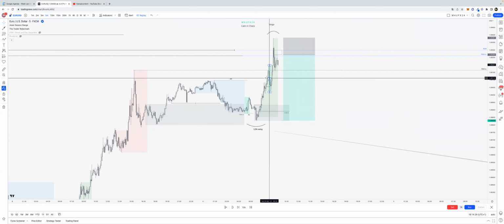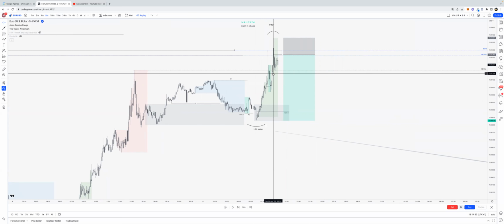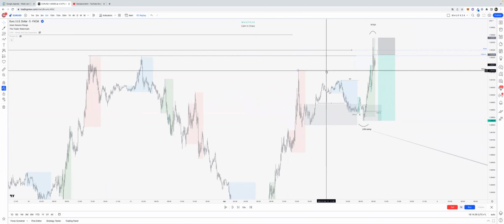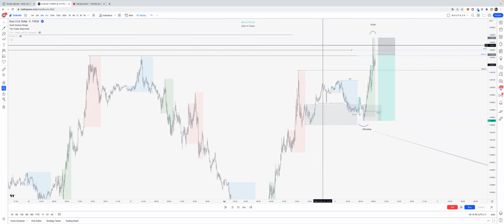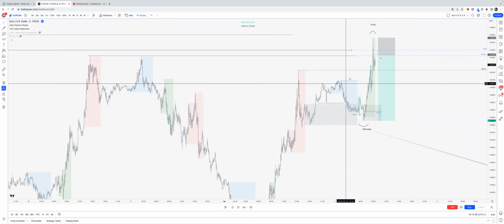So as it came above Asia high, I said, all right, that's it. I can look for shorts maybe, but I wanted to wait. So we took previous daily highs, but we had these equals above here and we had a high above here. So I was not really into the shorts. Then I saw this happening, and this is pretty interesting.